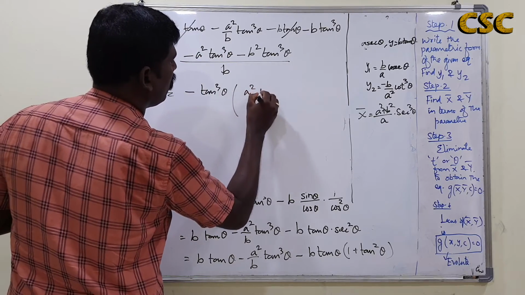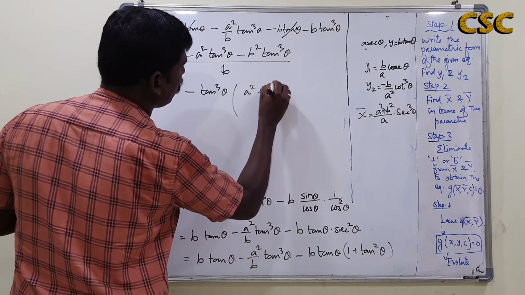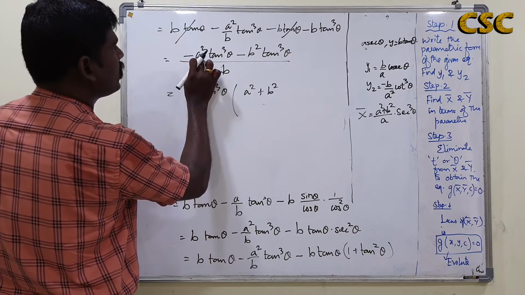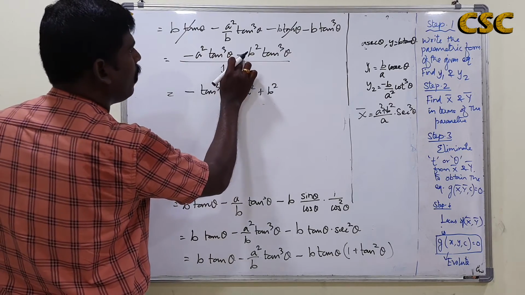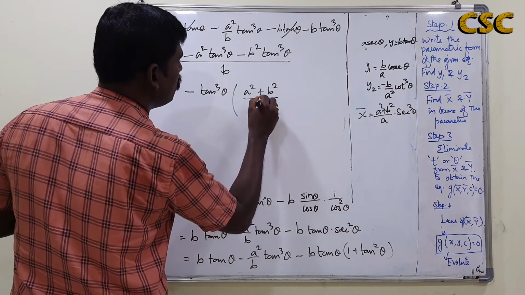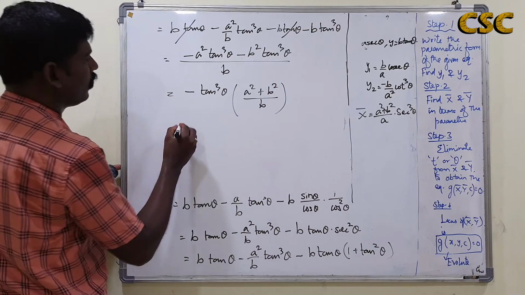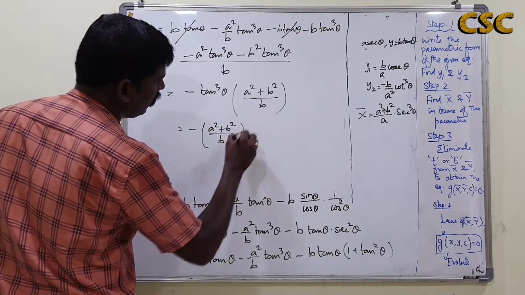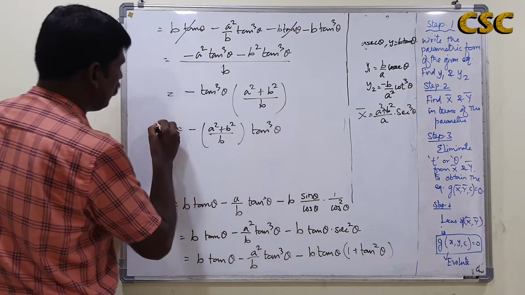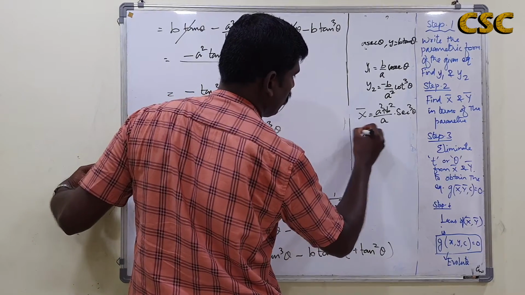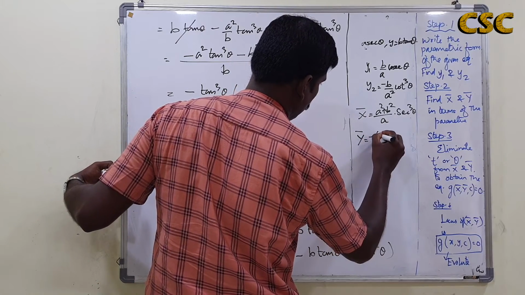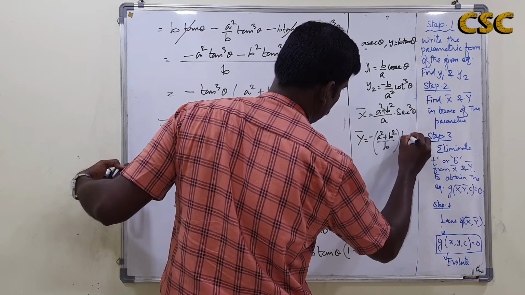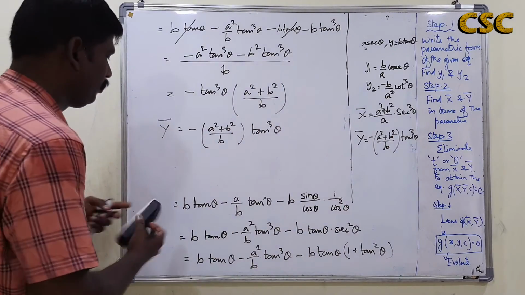A square plus b square, by b. That is equal to minus of a square plus b square by b into tan cube theta is the value of y bar. So what is y bar? Minus of a square plus b square by b into tan cube theta.